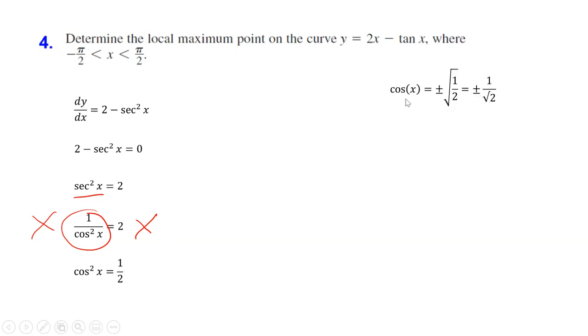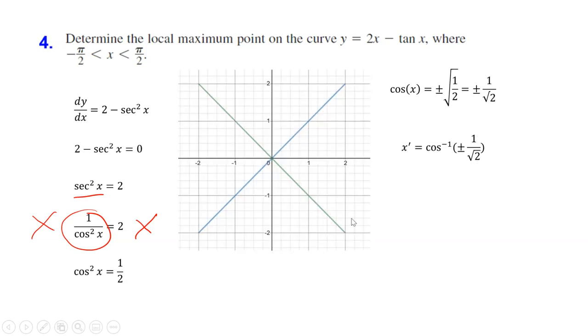So now we're saying cosine squared x is equal to a half. Okay, that means that the cosine of x is equal to plus and minus the square root of 1 over 2, or 1 over root 2, which means that we're talking about the cosine to the minus 1 of 1 over root 2, plus and minus. And that means I'm going to be in all 4 quadrants.